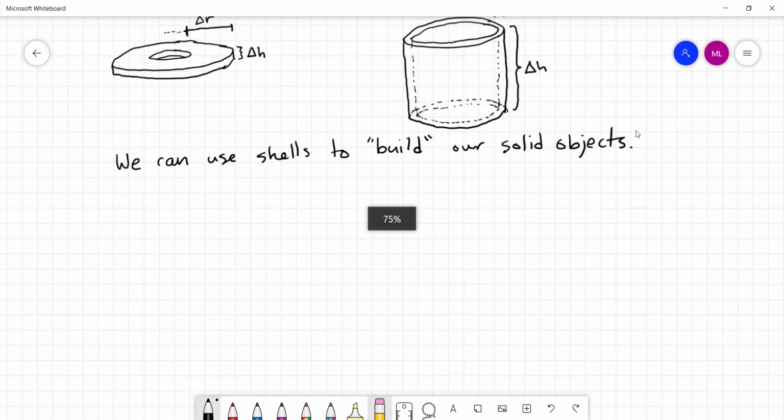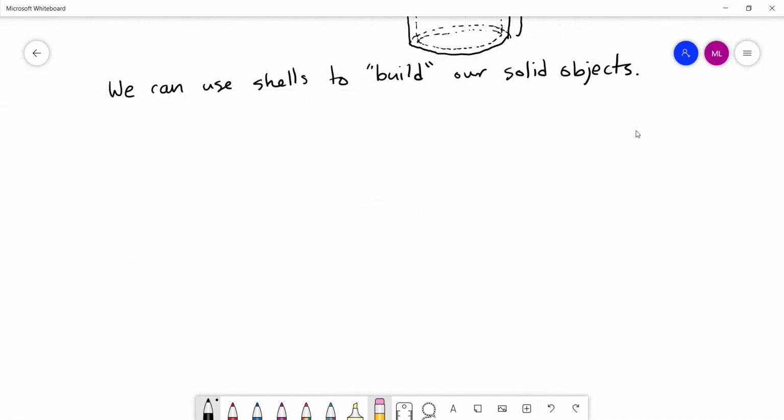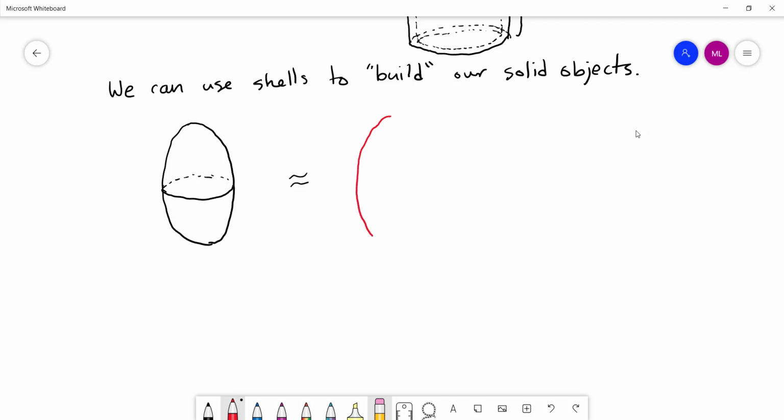And so, for example, if I've got some sort of shape, I don't know, something vaguely egg-like here. So imagine that's our shape. I can build that by doing kind of the same thing I did before. Let me see if I can copy the general shape of this thing in red. Should be a little smoother, draw it nice and wobbly.